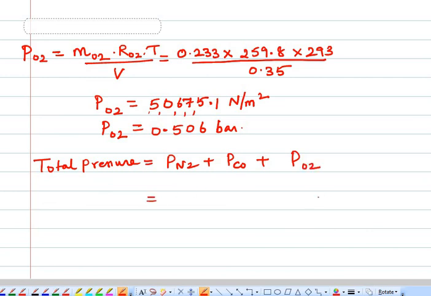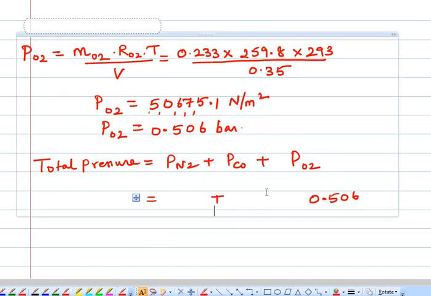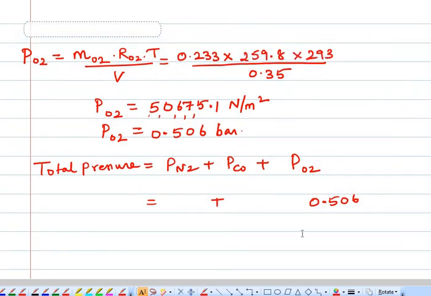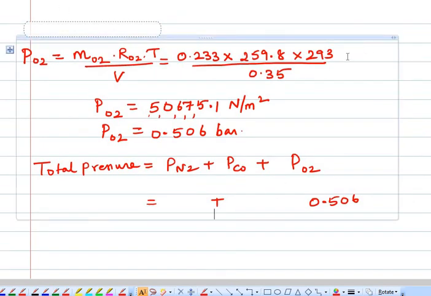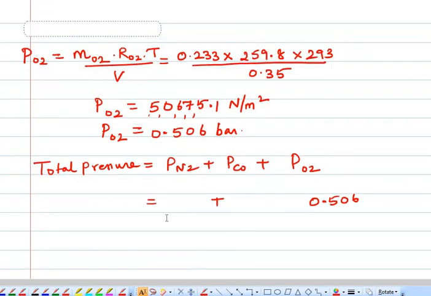So the partial pressure of oxygen is 0.506, the partial pressure of carbon monoxide is 0.994, and partial pressure of nitrogen is 1.906. So if I add all this, I will be getting the total pressure P, that is equal to 3.406 bar.